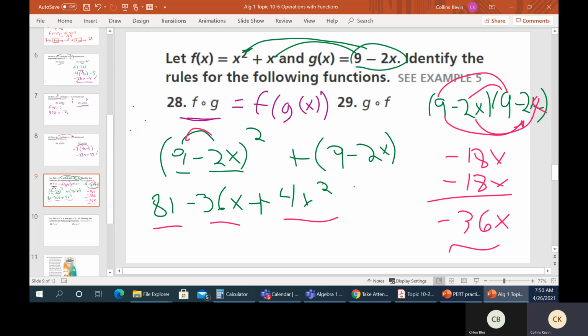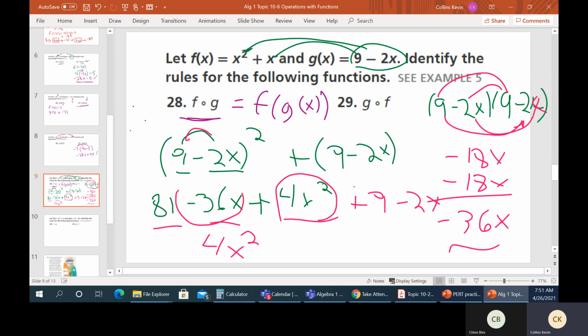All right, so then to wrap this thing up, now we have to add 9 and then minus 2x. So then we just have to put our terms together. Here we've got an x squared. We'll write him first. That's going to be 4x squared. Then we go with our x's.